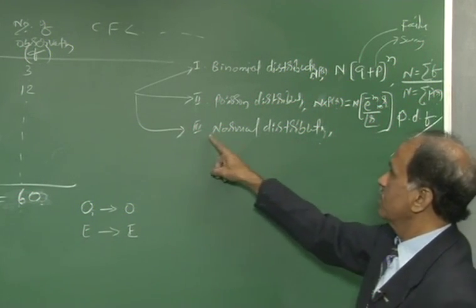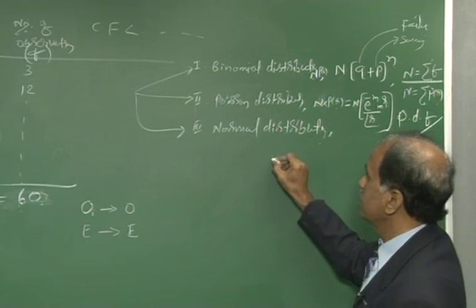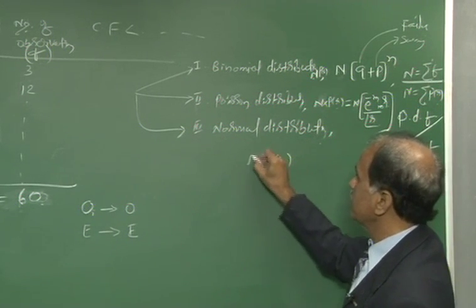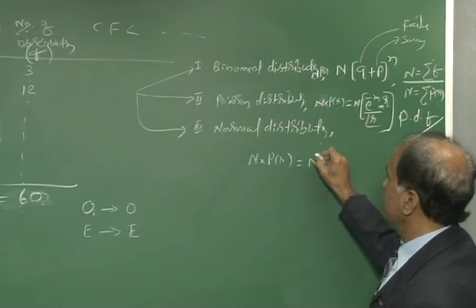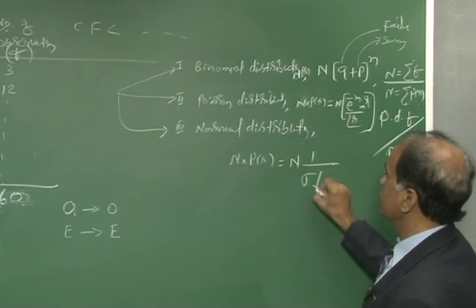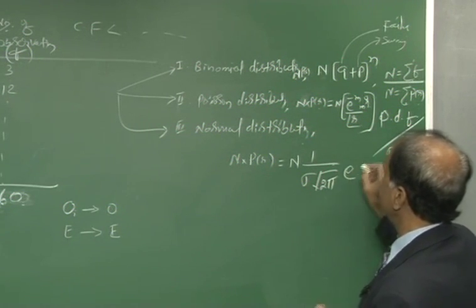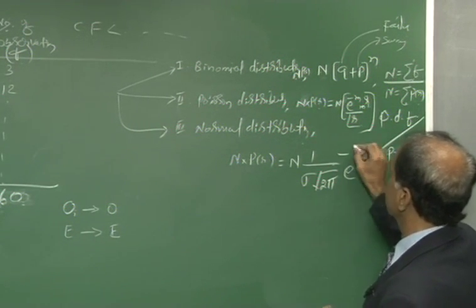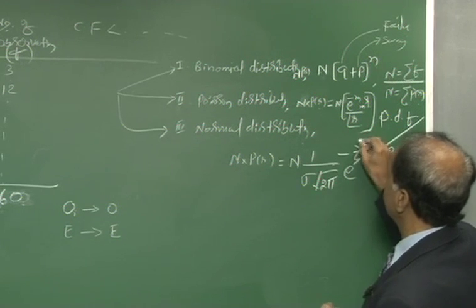Similarly, the normal distribution equation, that is also P(r) multiplied by N, that is capital N, meaning the sum of the frequencies: 1 divided by sigma square root of 2 pi into e to the power minus z square divided by 2.